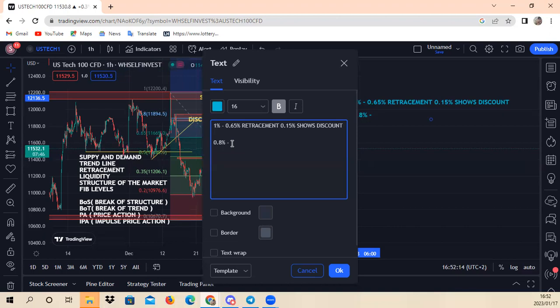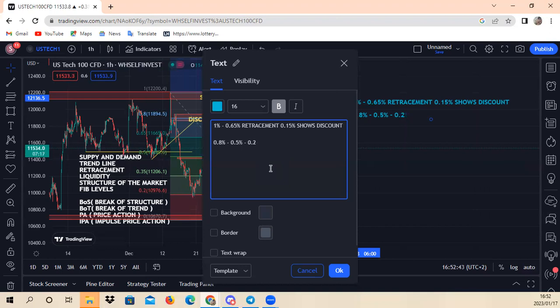So usually the market will, from there, end up going to our 0.5%, or the market could just go to around your 30 to 20%, let's just say 0.2%.